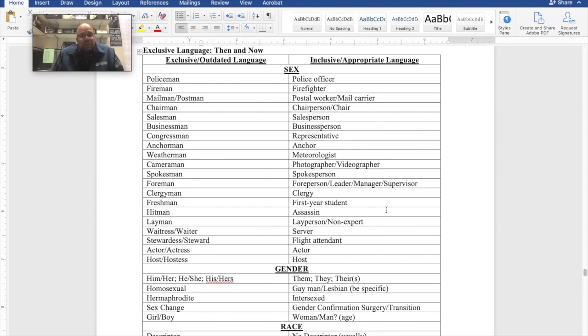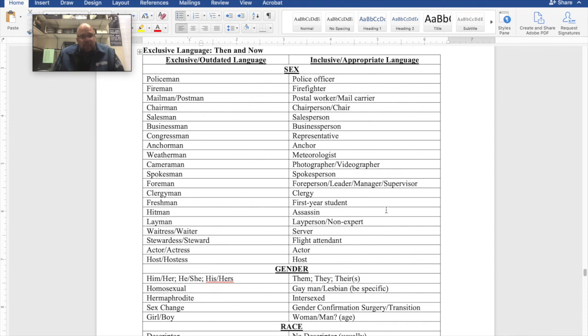Sex change is better called gender confirmation surgery or transitioning. Sex change feels more like you just changed your sex, but gender confirmation implies that you always identified as male, female, trans, whatever it might be, and now you just made your body match the way you feel.